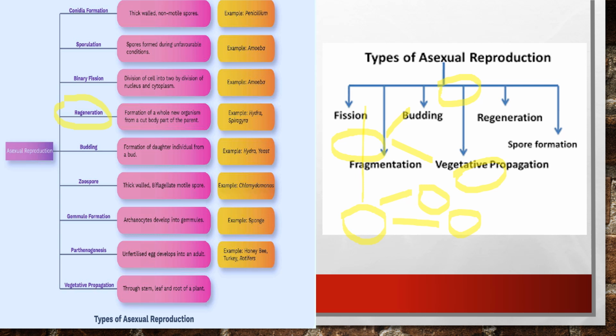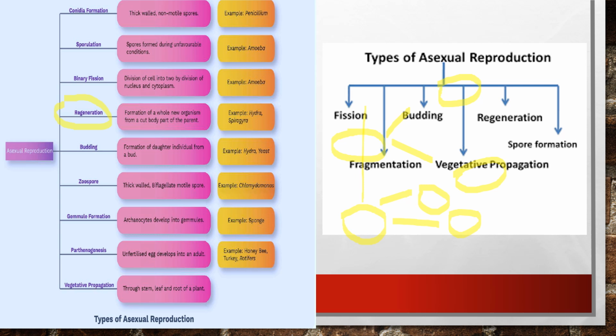Into that bud, the nucleus along with some cytoplasm from the mother cell migrates. This causes the daughter cell to enlarge in size. It remains attached to the mother cell by a narrow neck. Gradually, it loses contact, detaches from the mother cell or parent cell, and grows as a new organism. It is generally seen in yeast and hydra.